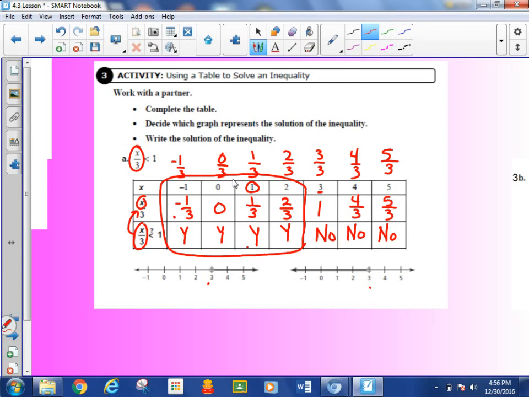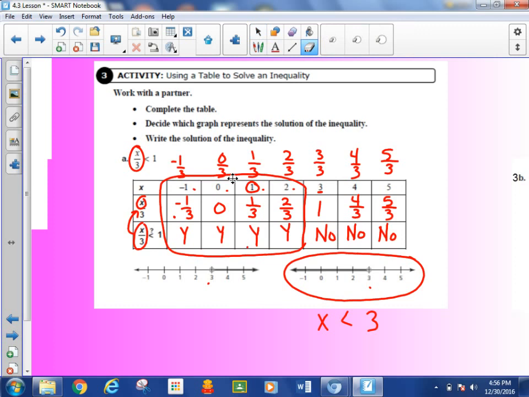Now where we had yeses were 2, 1, 0, and -1. So where do we have those marked? Right here. The arrow is above those numbers. So there's our inequality graph. And then here we would have x and 3, and x is less than 3, because all of those numbers that we marked are less than 3.